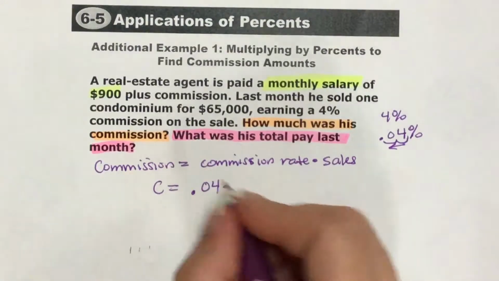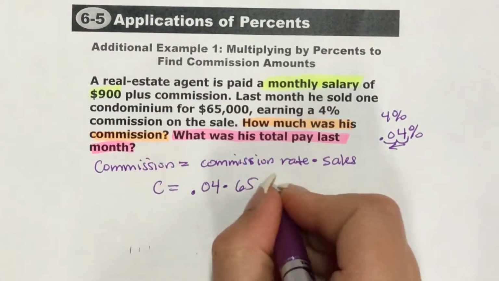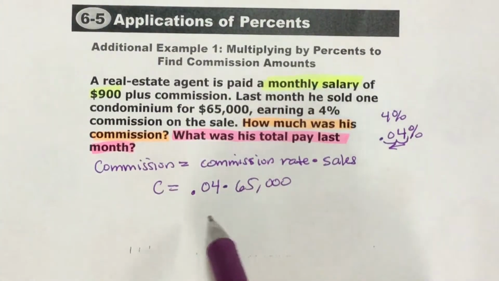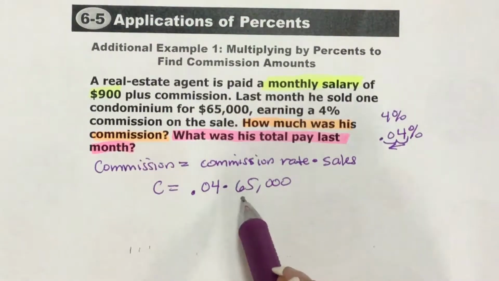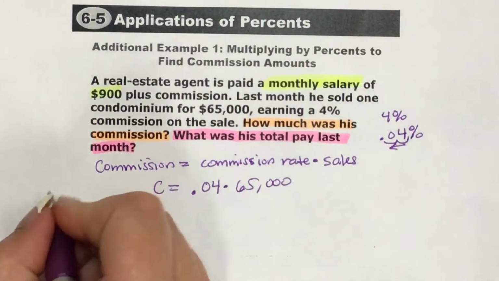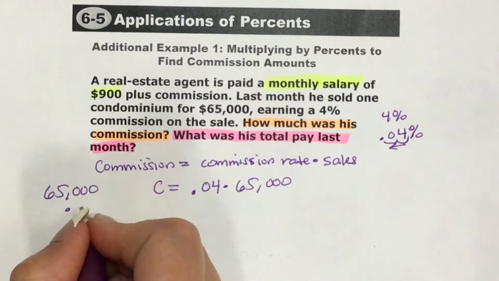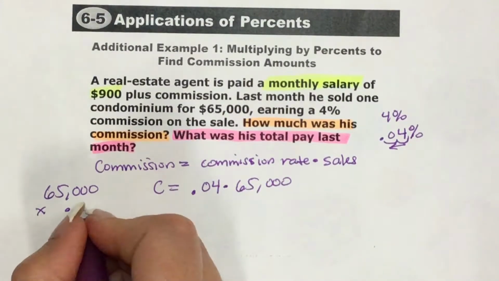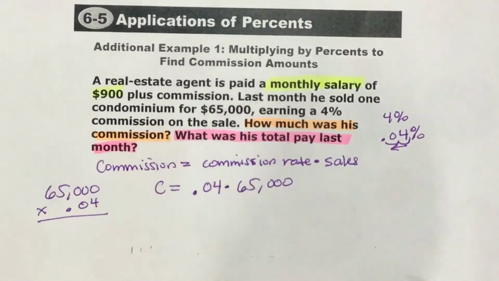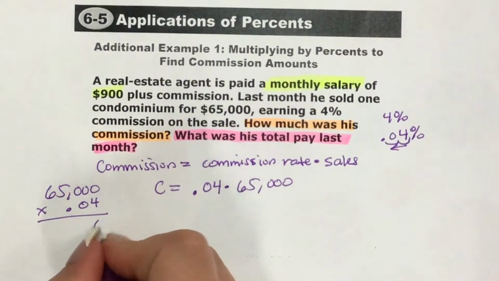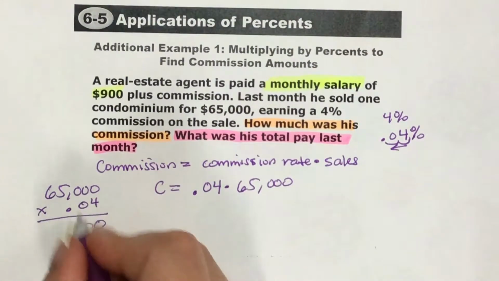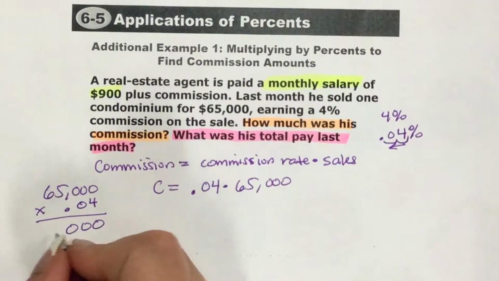Well, he sold a house for $65,000. So to determine the commission, we're just going to multiply those two things. I'm going to take that over to the side. 65,000 multiplied by 0.04. 4 times 0 is 0, 4 times 0 is 0, 4 times 0 is 0, 4 times 5 is 20.